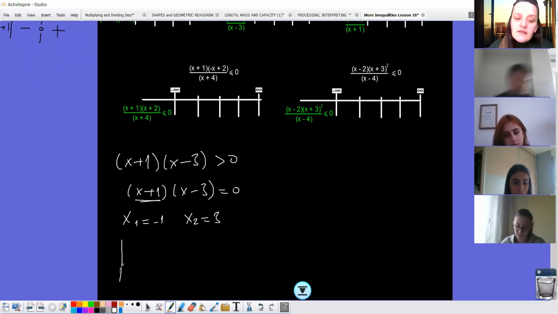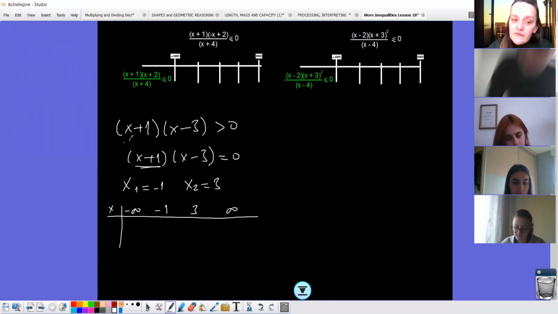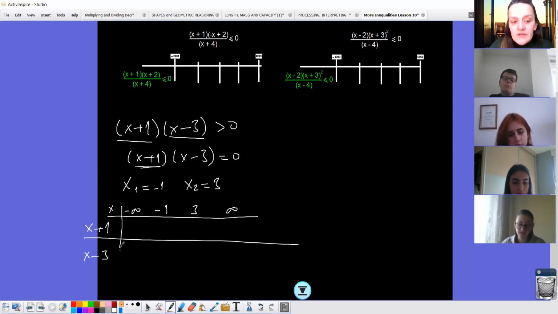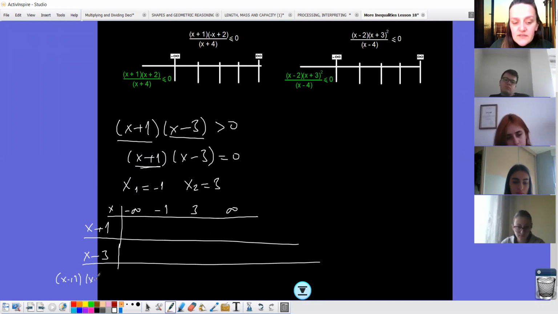In the sign chart, x here: minus infinity, I have -1, 3, and plus infinity. Now here, because I have two different expressions, I will write them separately: x plus 1 here, x minus 3 here, and their multiplication will be down as a result. -1 is the root of the first expression, so I do the dot here.